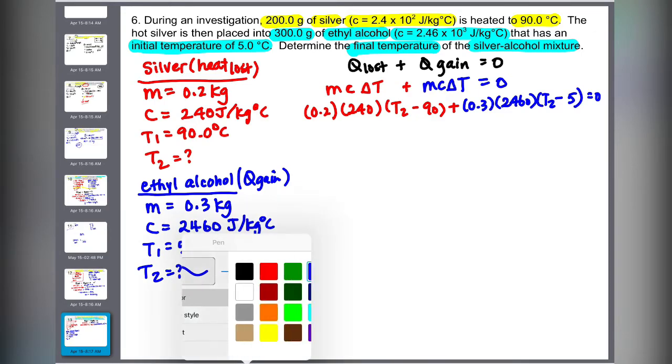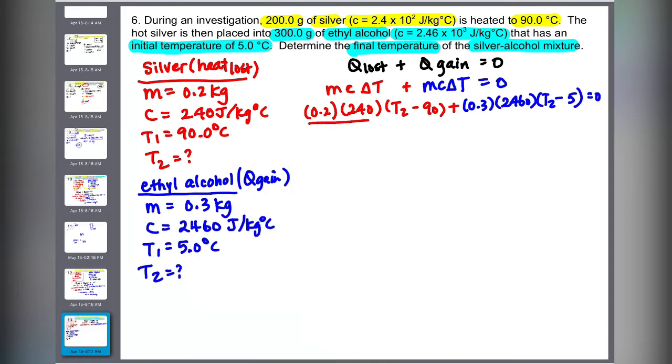So the first thing I'm going to do is calculate out what this is. So 48 is T2 minus 90, adding. Then I'm going to do the same thing. I'm going to multiply this out: 738 T2 minus 5 equals 0. So all I'm doing is just multiplying them out.